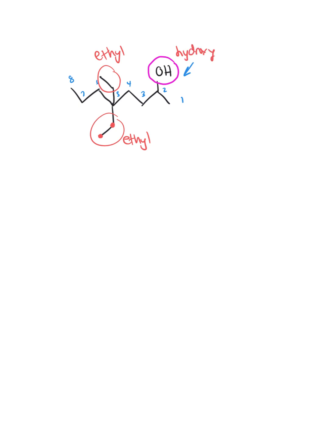When we go to name this, the first method is using the word hydroxy. We're also going to name the ethyl groups in alphabetical order. So ethyl comes before hydroxy, so we will write our ethyl group first, then our hydroxy group. And at the end is always the name of the parent chain. Because I have 8 carbons and they're all single bonded, this chain is going to be called octane.